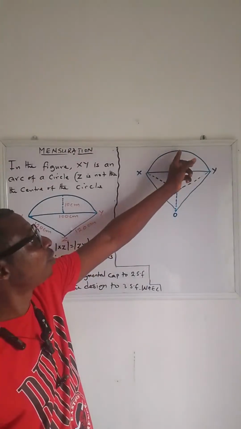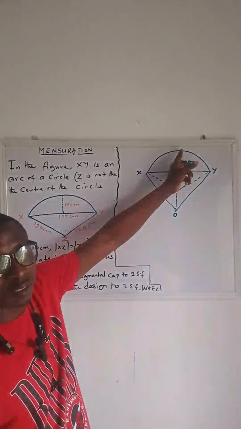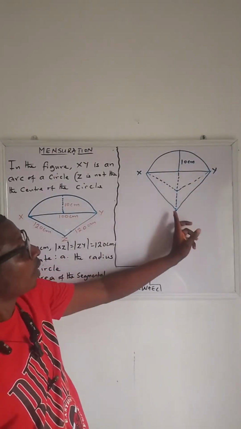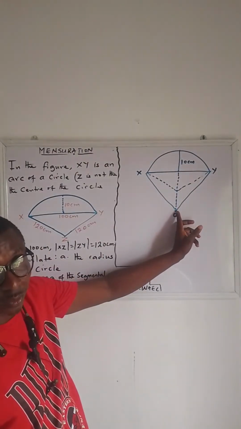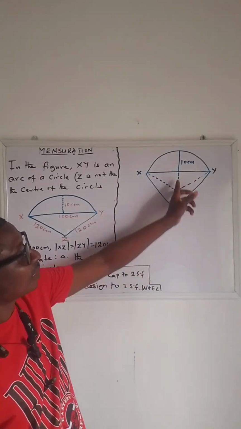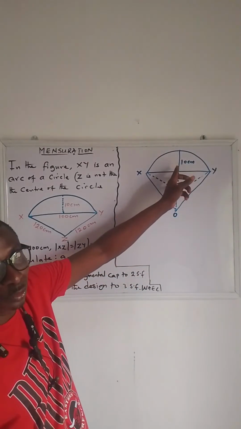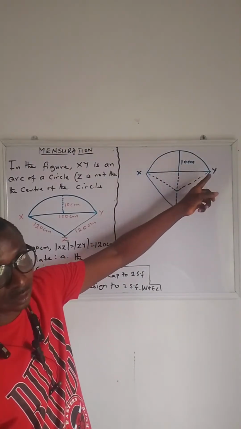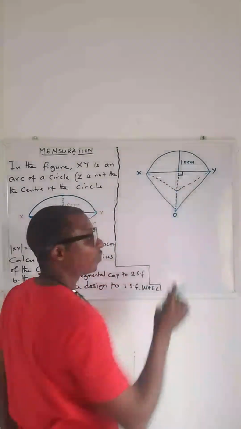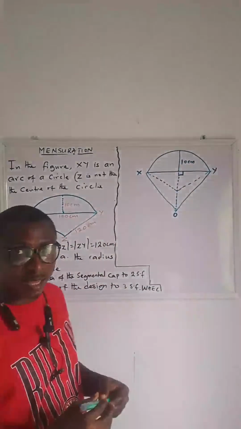So if a line is drawn from the center of the circle such that it's perpendicular to the chord, now don't forget the theorem I said in the last video.